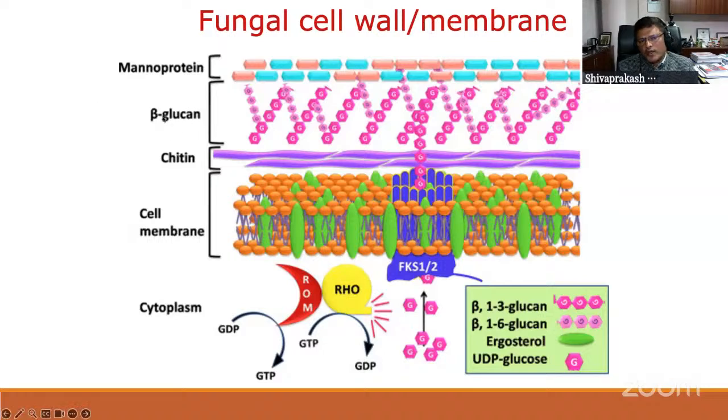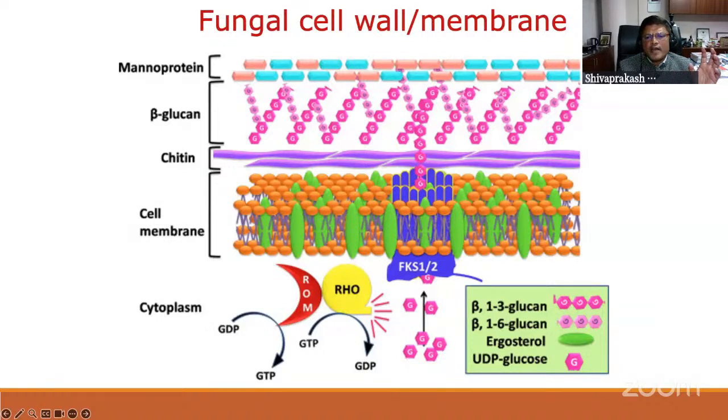And beta-D-glucan is present in the cell walls of all fungi, except Cryptococcus and the Mucorales. It is in very high quantity in Candida. Chitin is present in most fungi, and that is also an important part of the fungal cell wall. Then we have the cell membrane.